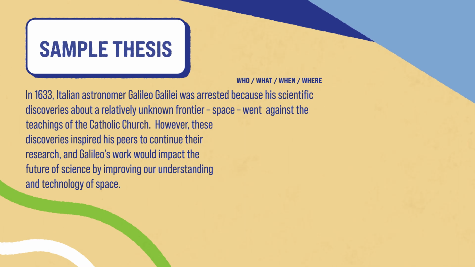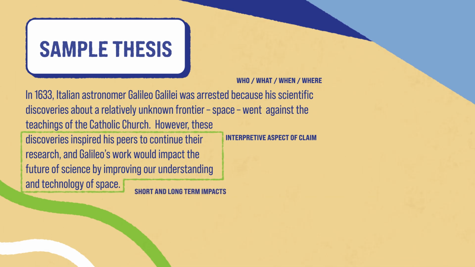A big part of history is showing how events relate to what came before and after them. In the next sentence, we have our claim, the interpretive part of our thesis, the piece that we need to support with evidence, the impacts of your topic. Tell us both the short and long-term impacts that you'll be addressing later in your project.